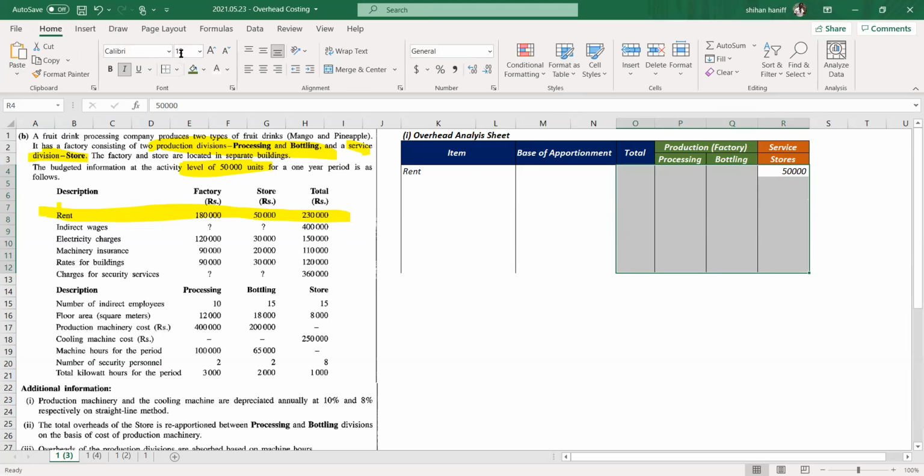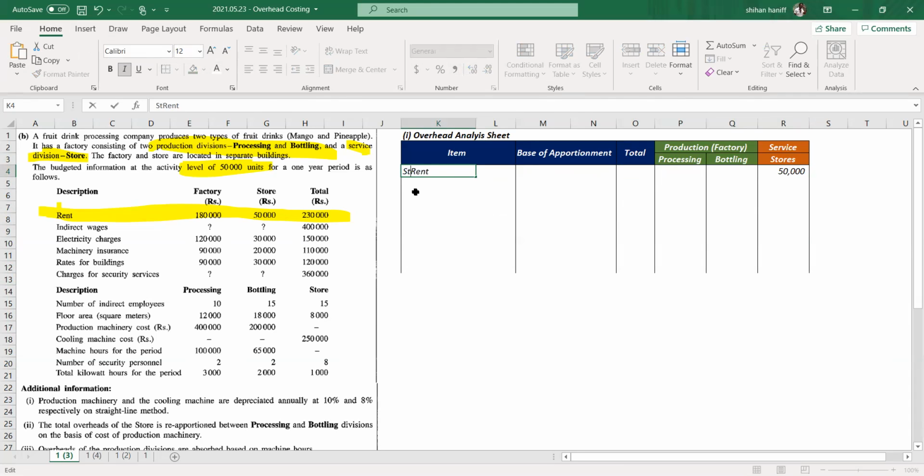That's direct. Then the factory rent is 180,000. If you want, we can show it separately, or else as one. Let me take separately. This is store rent. The basis is directly given, so we take direct. 50,000 is the total, and it goes to the stores column.